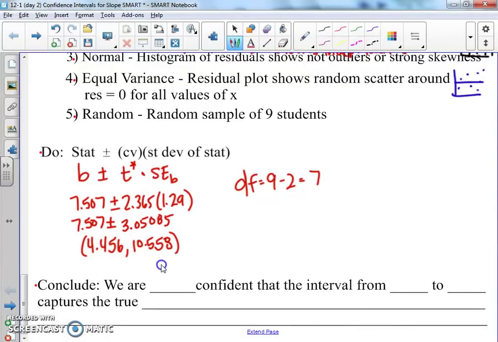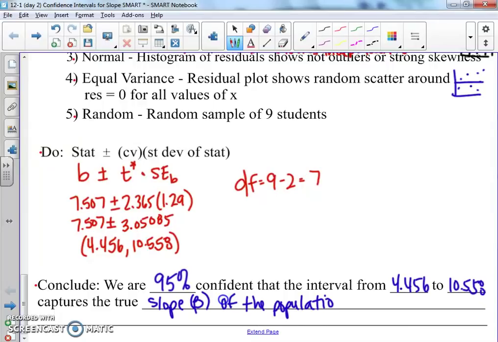So we are 95% confident that the interval from 4.456 to 10.558 captures the true slope, beta, if you want to put that in parentheses, of the population regression line for GPA versus ACT. We're basically just recopying what we used as the context above.